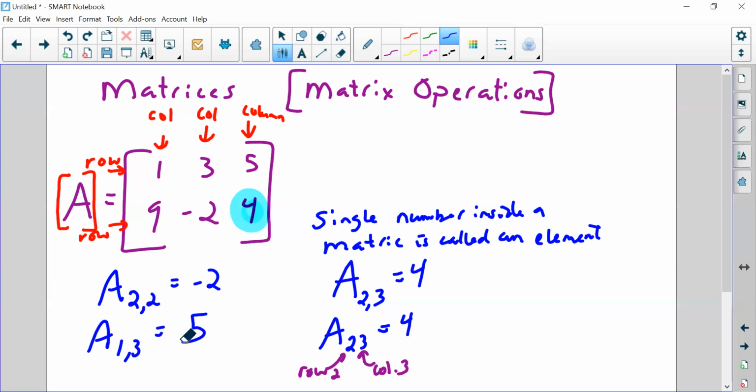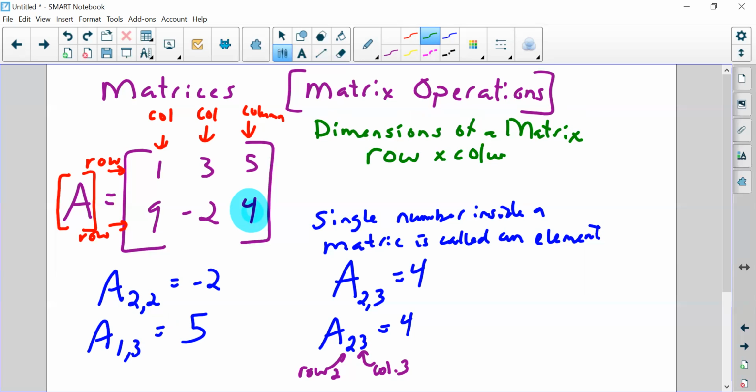All right. You will also be required to identify the dimensions of a matrix. The dimensions are always listed row by column. So matrix A has the dimensions 2 rows, 1, 2, 3 columns.